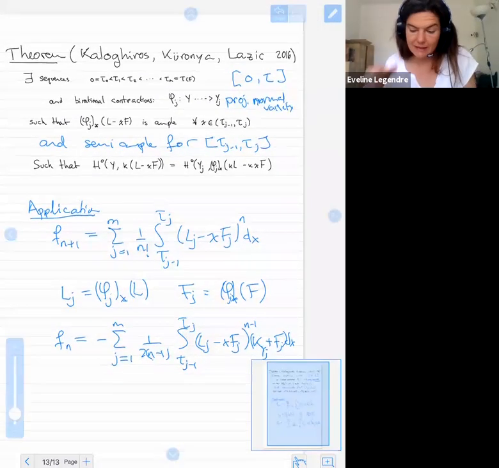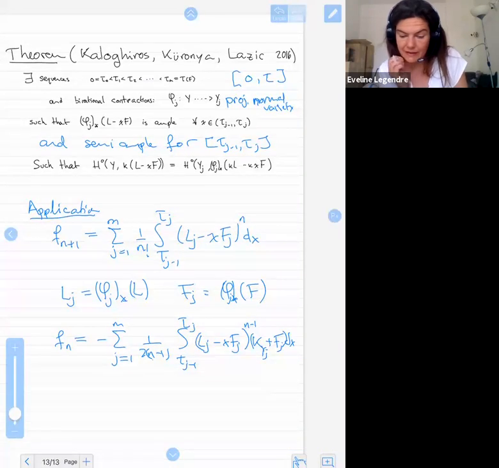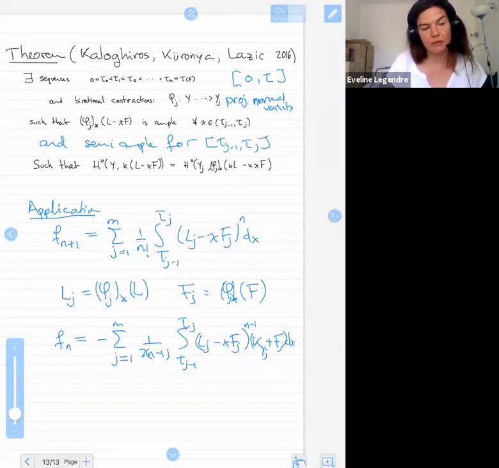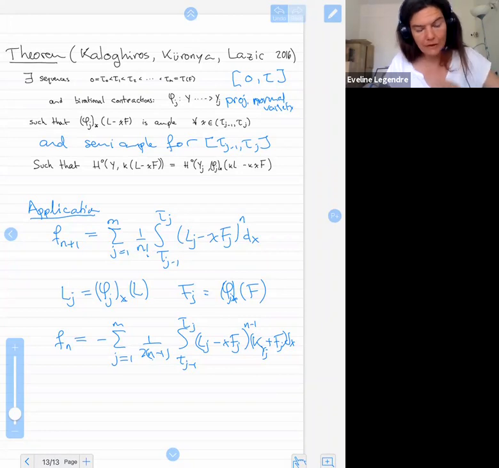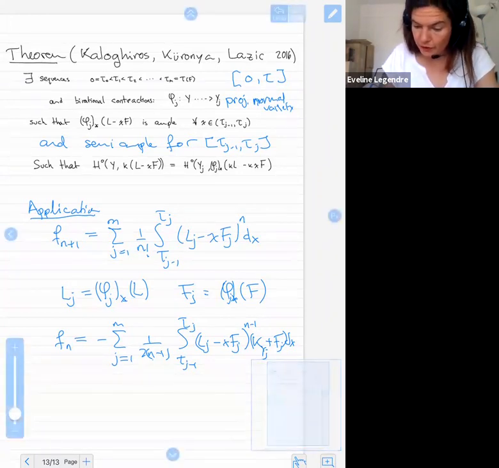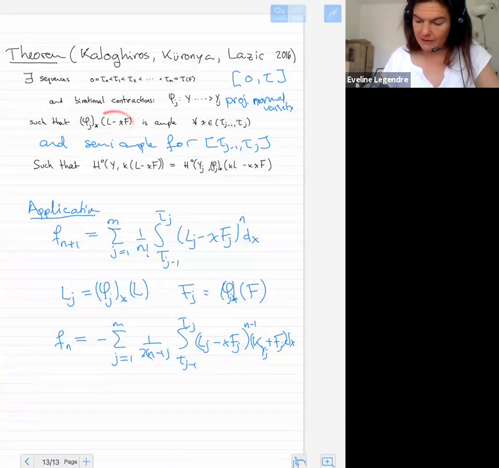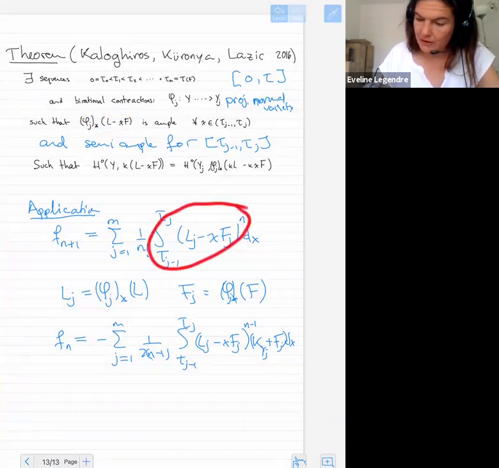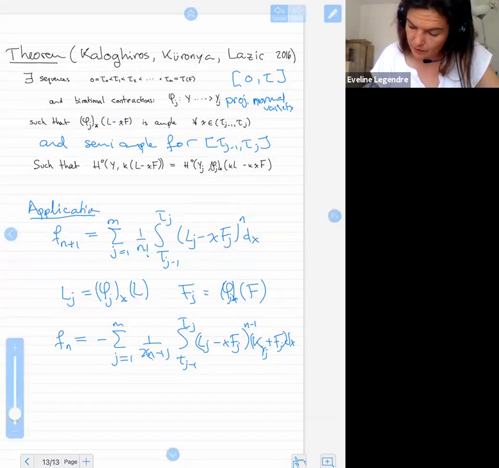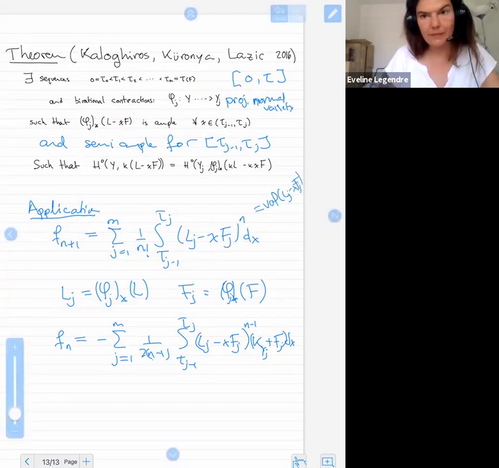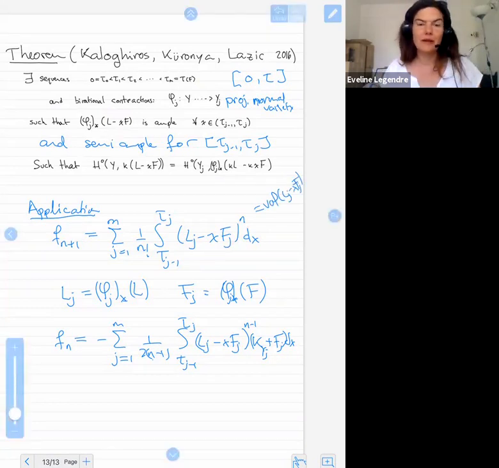And it is with this that we are able to find it. Maybe another comment here is that, of course, we use the fact that that thing is ample. Then we can use that this thing is the volume of L_j minus xF_j.